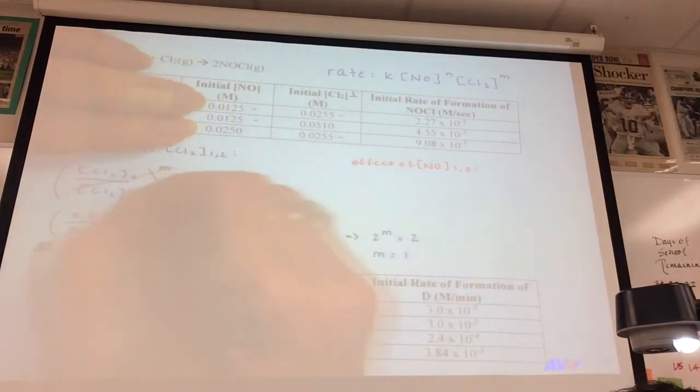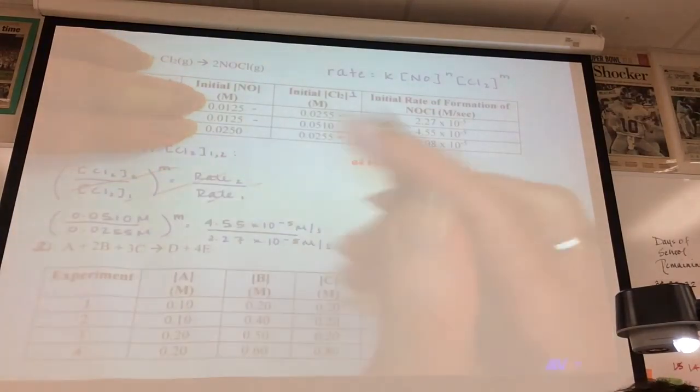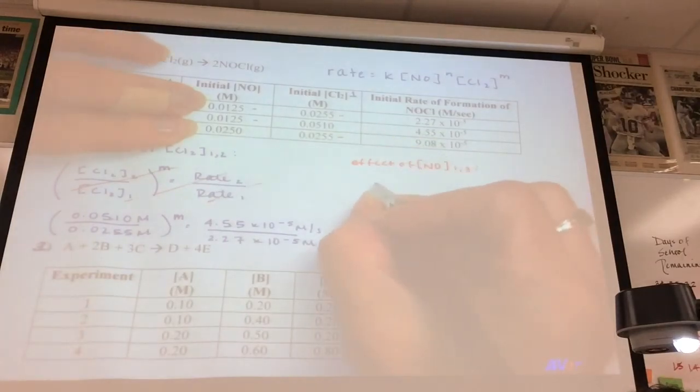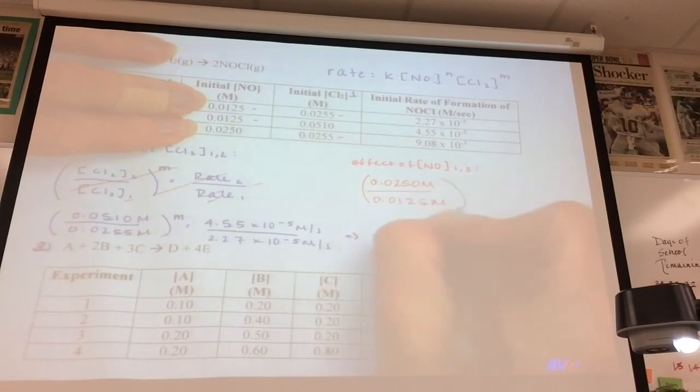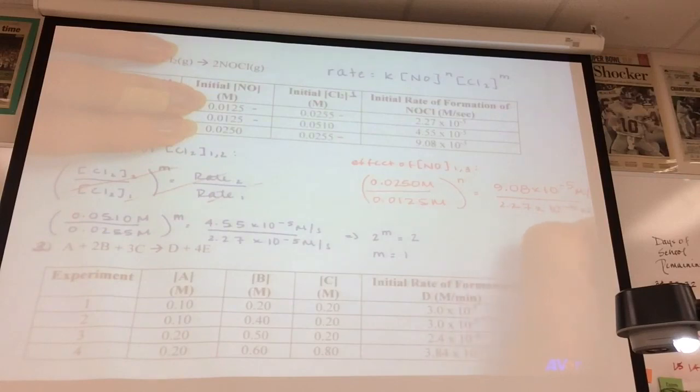You don't have to actually write this step out, it's not necessary. So we're going to have 0.0250 molar, and again I put the larger quantity in the numerator to the N, and that's 9.08 times 10 to the negative 5 molar per sec over 2.27 times 10 to the negative 5 molar per sec, that's 2 to the N, is equal to 4.